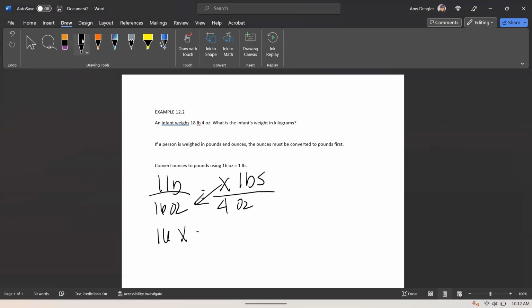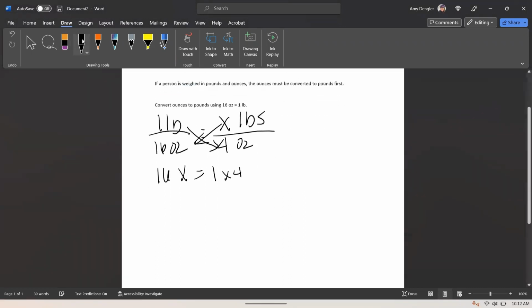So 16x is equal to 1 times 4, which is just 4. We want to get rid of the 16 on that side so we only have x, so we divide.